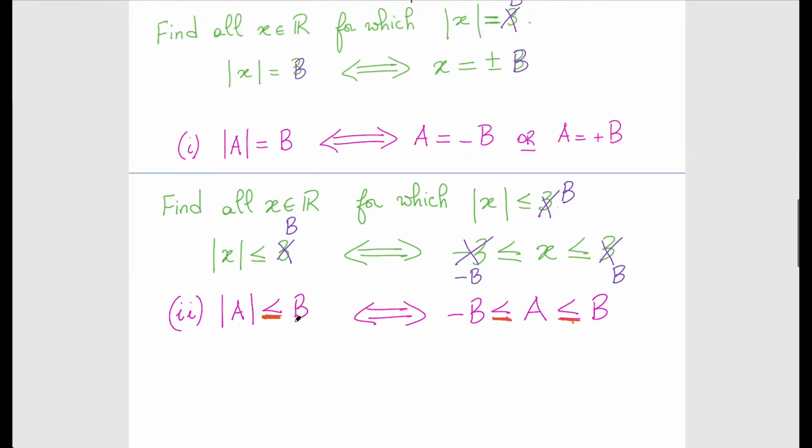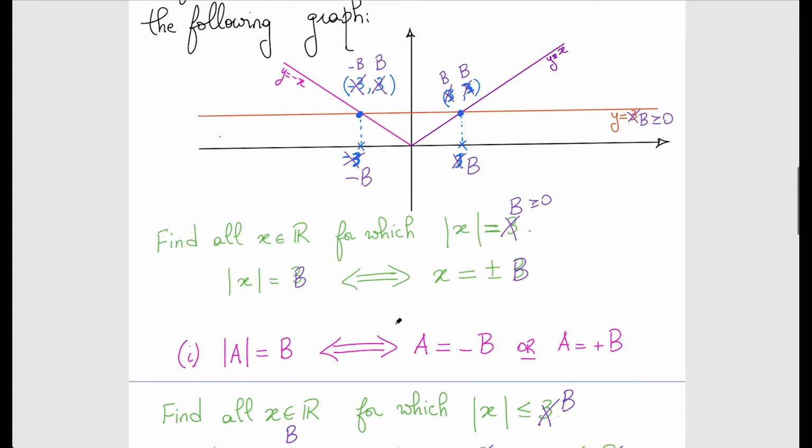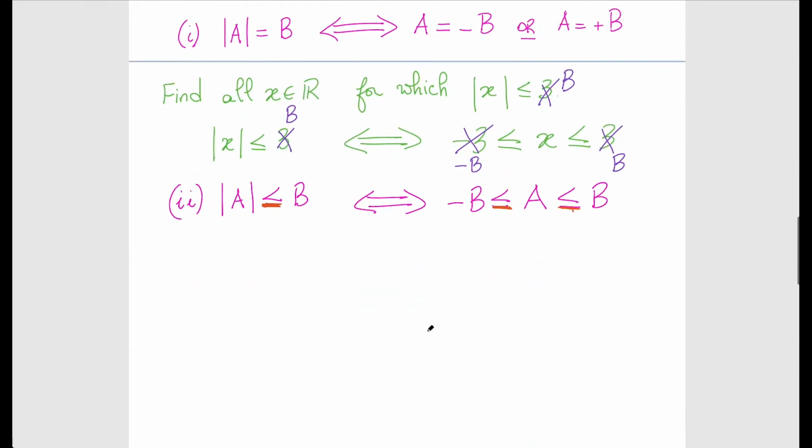Alright, and the last result that I wanna show is, what if now I ask the following question? If I wanna find all real numbers for which the absolute value of those numbers is greater than or equal to b this time, right?